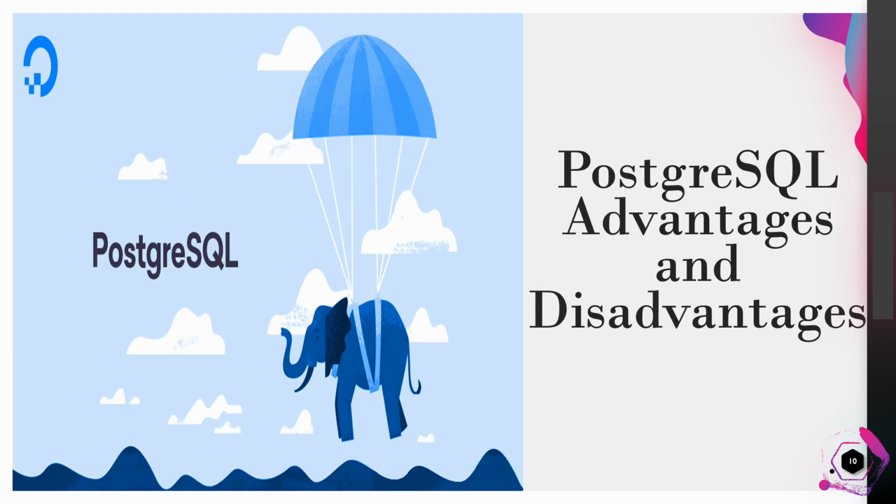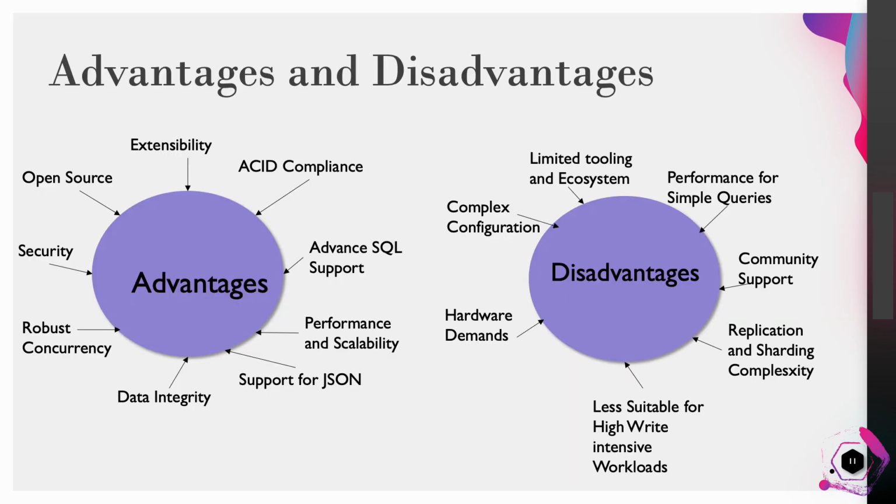Now, let's look at the advantages and the disadvantages of PostgreSQL. PostgreSQL is a powerful and open source relational database management system known for its extensibility and compliance with ACID principles. ACID stands for atomicity, consistency, isolation, and durability.